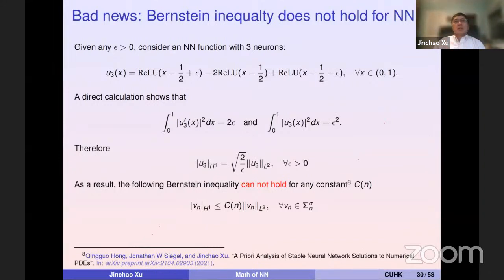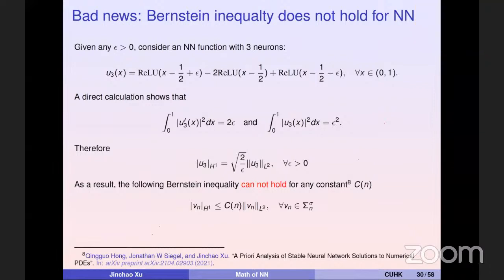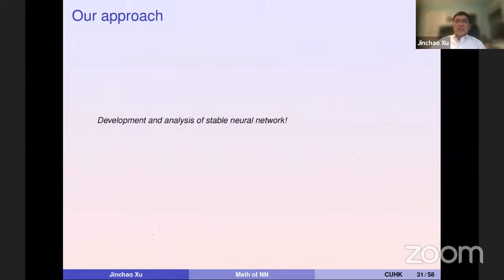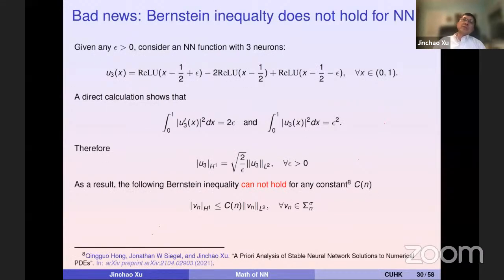The local element can be arbitrarily small, arbitrarily big. If it can be arbitrarily small, then the inverse inequality cannot hold, cannot be valid. So that's bad news. If you make an assumption like this, you'd better use something very special. You cannot use a ReLU example.